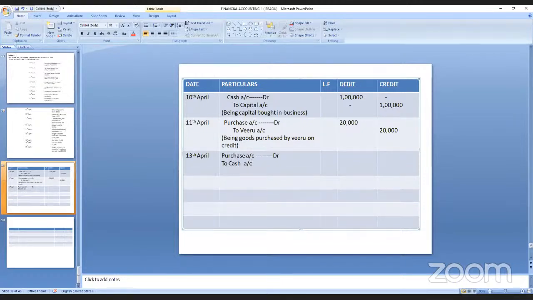What is the narration? Being goods purchased on cash. Very good. What is the amount? 6,000 or 15,000? 15,000.